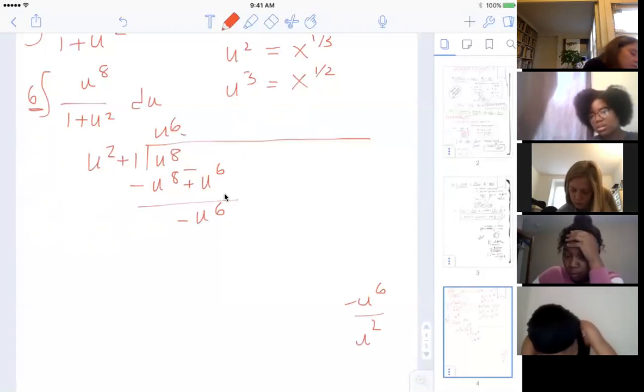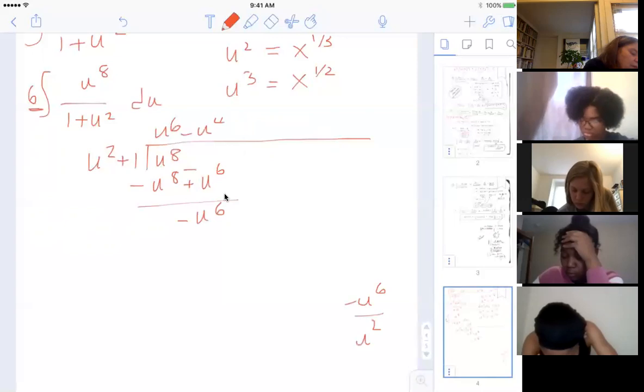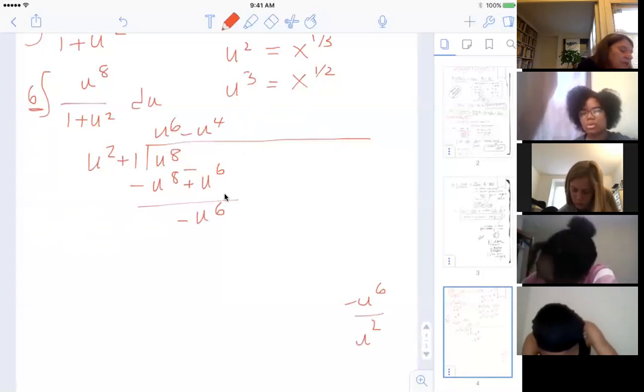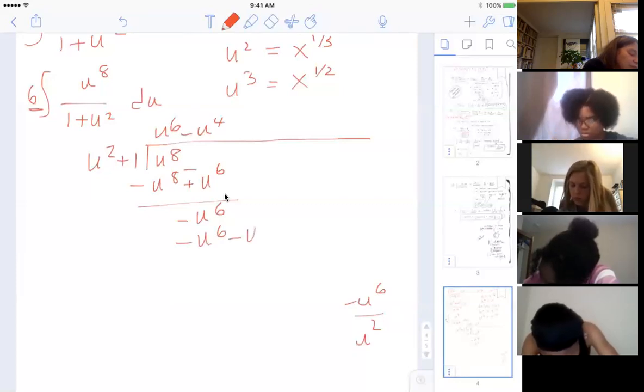Yeah, you're right. It's 4. So now I multiply again. U squared times minus u to the 4th is minus u to the 6th. 1 times minus u to the 4th is minus u to the 4th. Next thing I do is change the signs because I'm subtracting.